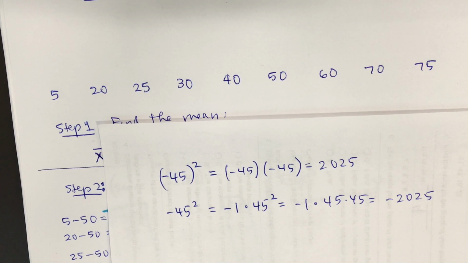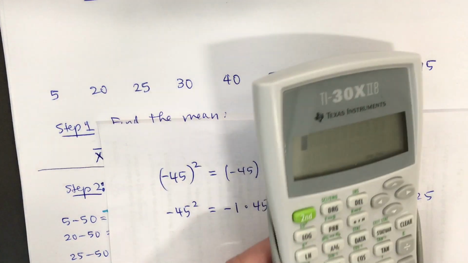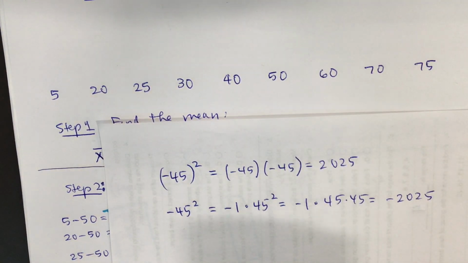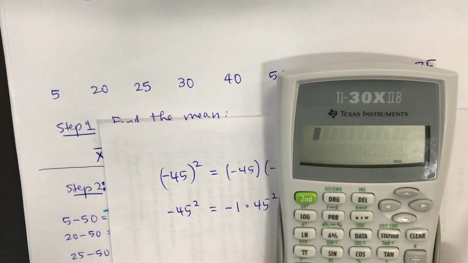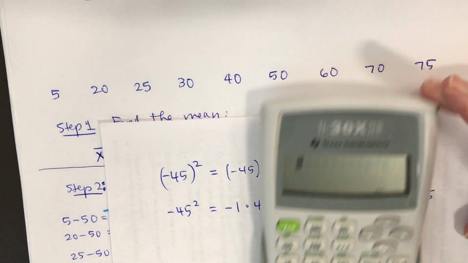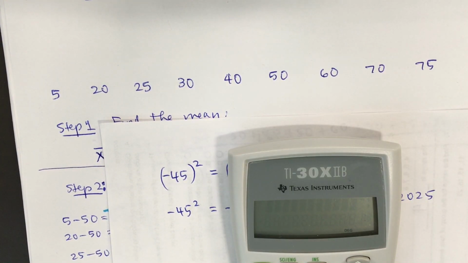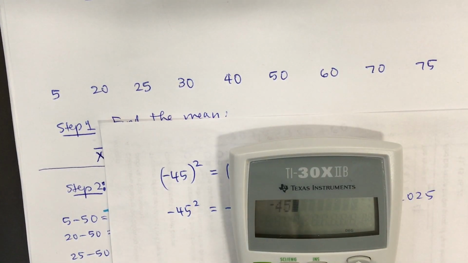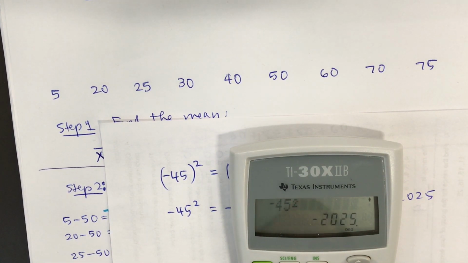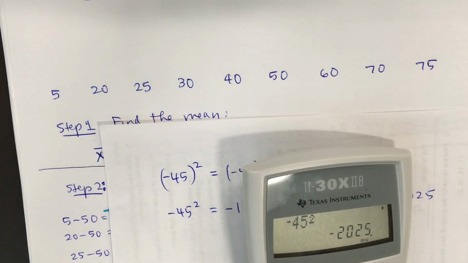And the one that we're using knows this little detail. It's programmed for this. So if I take my calculator and I just put in negative 45 without parentheses and square it, I'm going to get negative 2025.